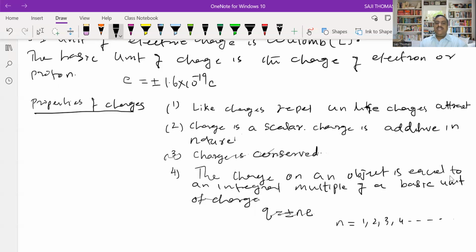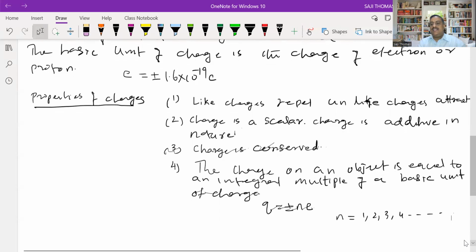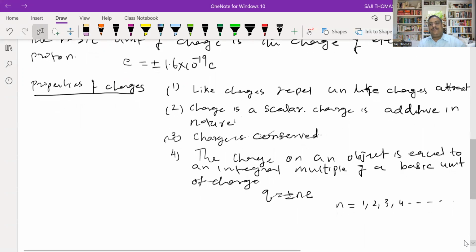Charge on an object is equal to an integral multiple of a basic unit of charge, Q is equal to plus or minus n e. What is n there? An integer. n can be 1, 2, 3, 4, etc.